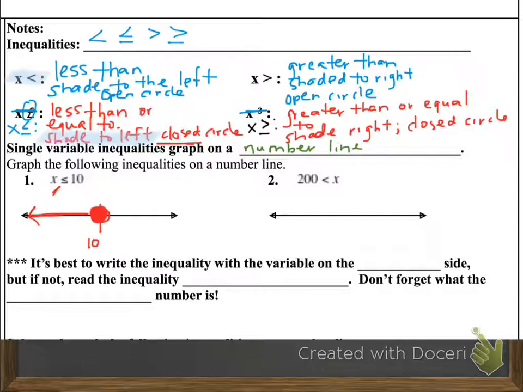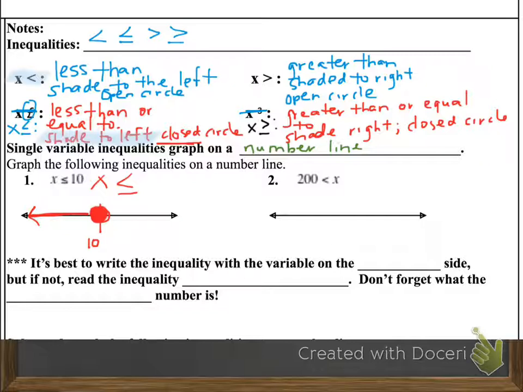Now, let me give you a quick hint. If your variable is on the left side, as it is in this number one example, then your inequality sign, I'm going to make it a little bit bigger, is going to point the direction that we're going to go.